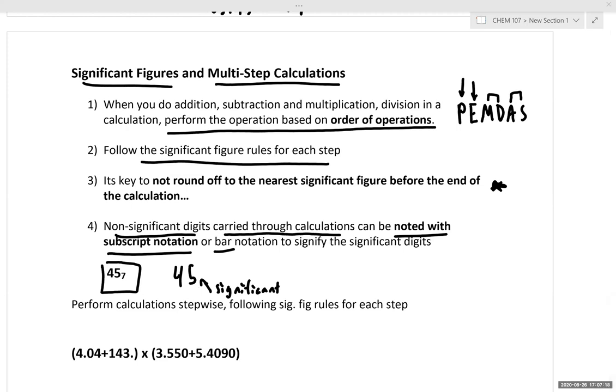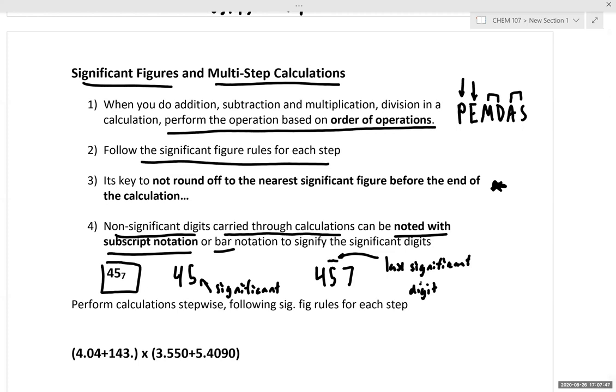So any number written as a subscript is not significant. Another way of indicating significant digits is via bar notation. And this little bar above my number indicates the last significant digit. Does that make sense to everyone?